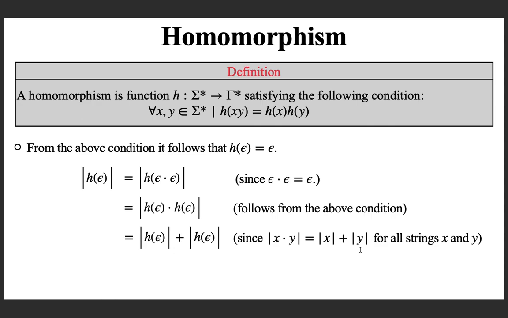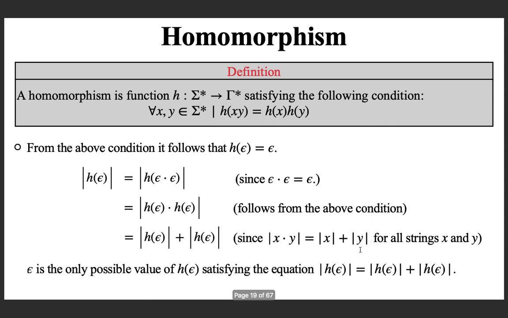And now we have done all the hard part. Easily observe that the length of the homomorphic image of epsilon is equal to the length of the homomorphic image of epsilon plus the length of the homomorphic image of epsilon.